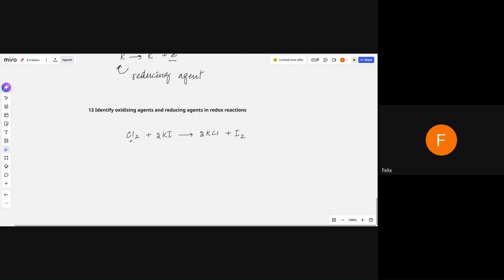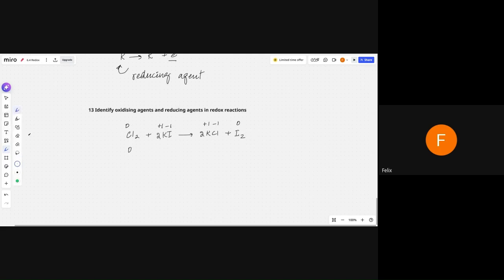Chlorine is in its elemental, free state, so the oxidation number is 0. In potassium iodide, potassium is +1 because it is from group 1, and iodide, from group 7, is -1. In the products, potassium is +1, chloride -1, and iodine 0, because it is again in its elemental state.